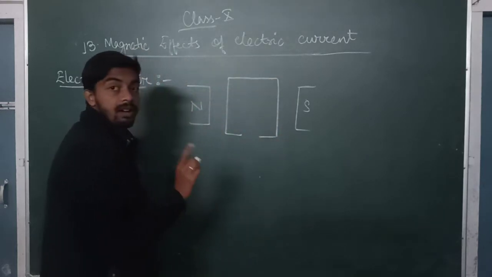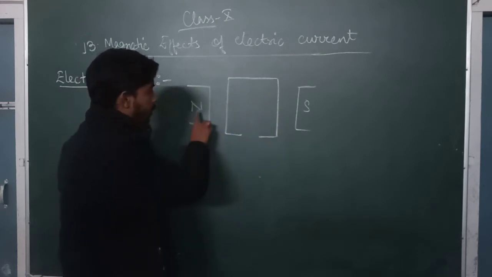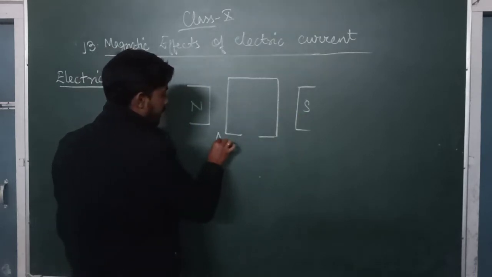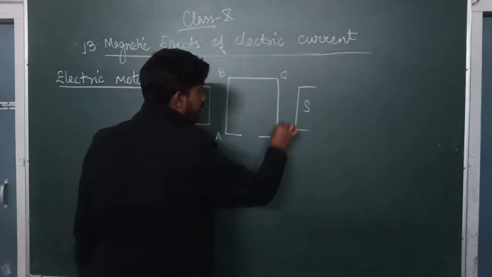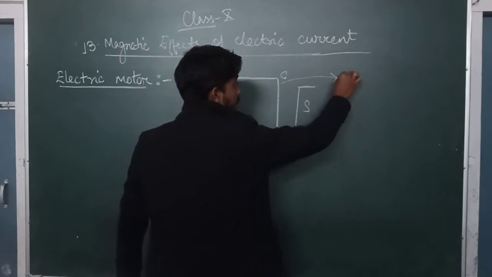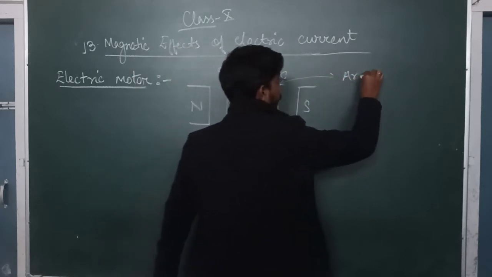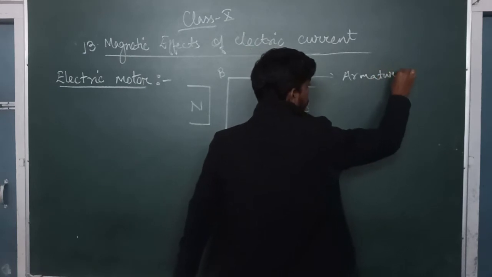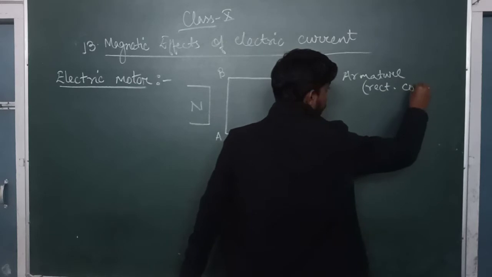This is the rectangular coil which is placed between the two poles of a magnet, north and south. This is our armature, or A, B, C, D. This is known as armature, or rectangular coil.